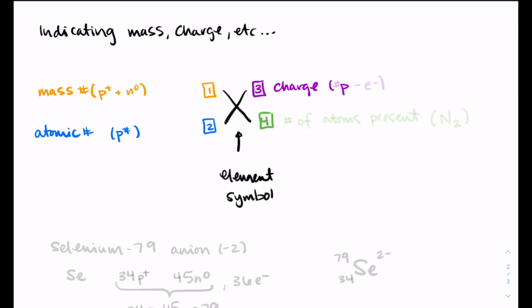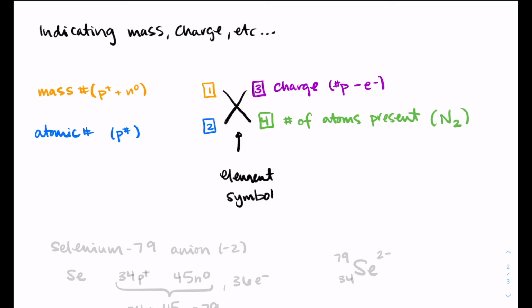The charge is the right superscript, which if you like having an equation for this, the number of protons minus the number of electrons. But don't forget that you're subtracting negative charges, right? Just look at how much positive charge you have, how much negative charge you have, and count it up from there.